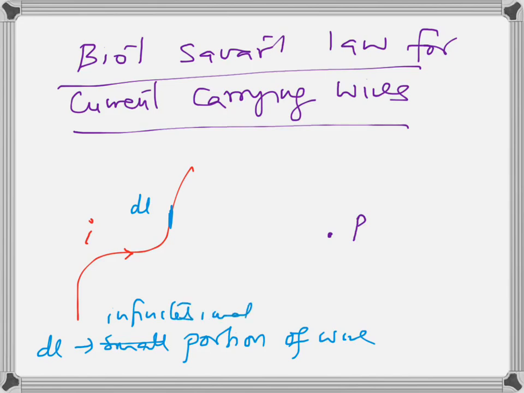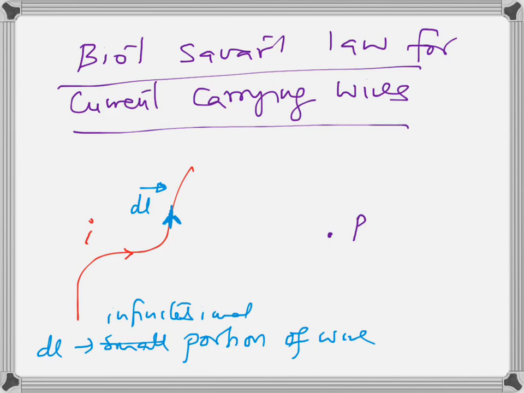I will treat this length as a vector, by giving it the same direction as the current. So I can put an arrow in the same direction as the current and call it DL bar for convenience. So DL bar is a length vector having the same direction as the current, a small vector tending to 0.